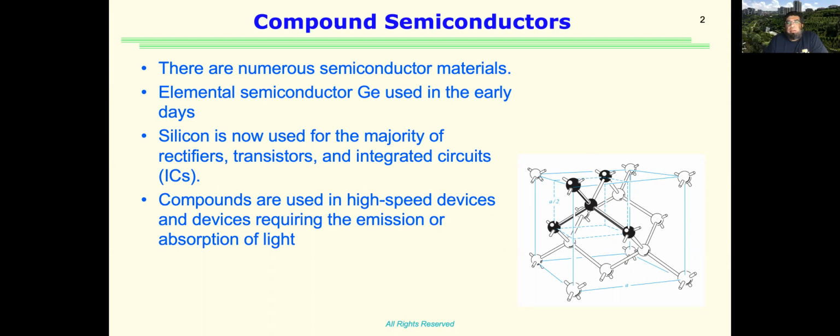But if there were more than two elements from group 3, then group 3 sites will alternate between those two atoms in this structure. So for example, if we were to identify the red ones with one element from one group, and we say the green one is the atoms from the other element from group 5, for example.